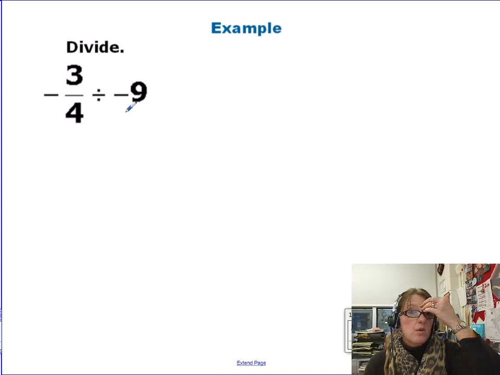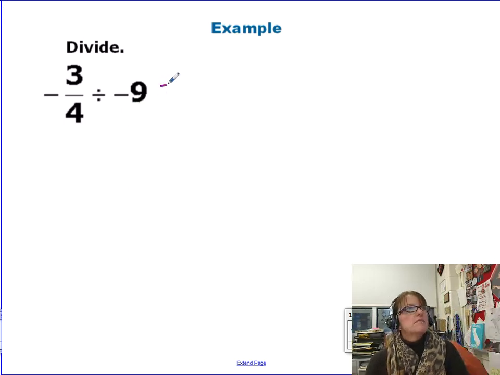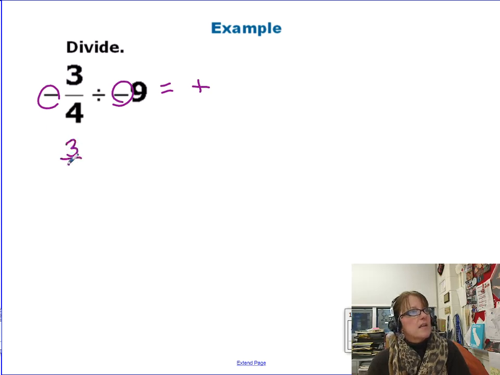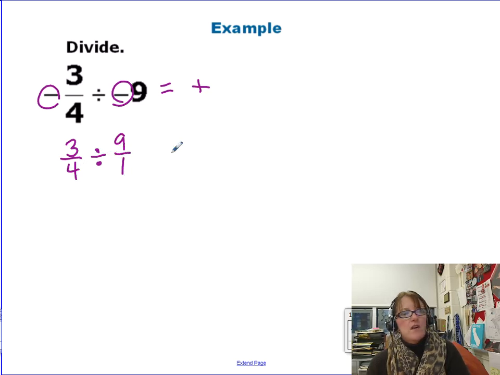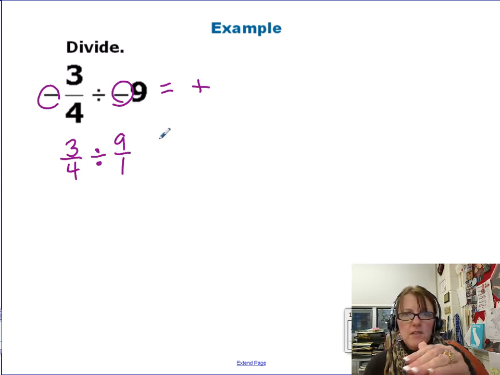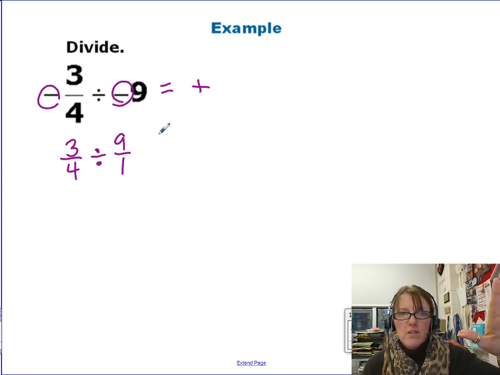What if you just have a whole number? It's all right. Relax. This is negative. This is negative. A negative divided by a negative is positive. All right, now I'm done with the signs. This is like saying 3/4 divided by the fraction 9/1. Now, I haven't flipped anything. Hold your horses. First of all, I got to have improper fractions.